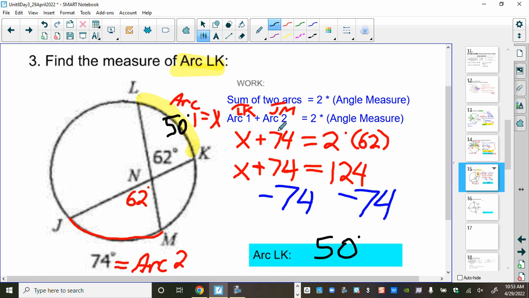And you want to know one other trick? Here's another trick. If we want to go from 74 to 62, basically you go 74 minus 12 and you get 62.